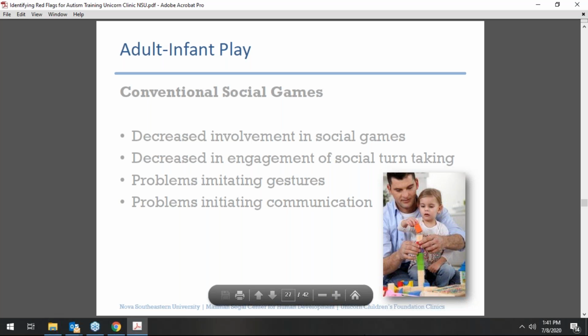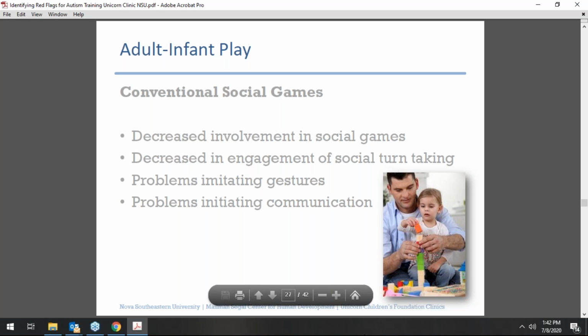The same thing with social turn taking. Many of the times it's hard for them to understand that turn taking aspect, because we go into the theory of mind, where it's hard for them to think about what the other person wants or needs. And then problems imitating gestures.